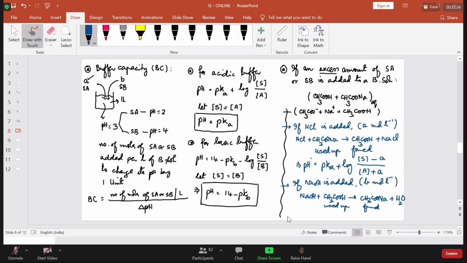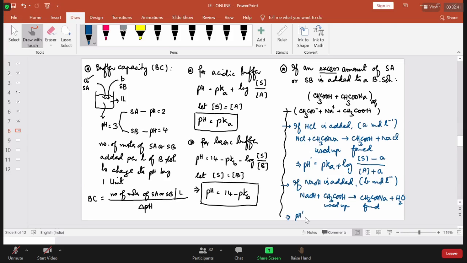Okay, this implies, let me write here, the new pH is equal to pKa plus log of concentration of salt by acid. No, sir, salt is formed, plus B. Acid is consumed, minus B. Right?